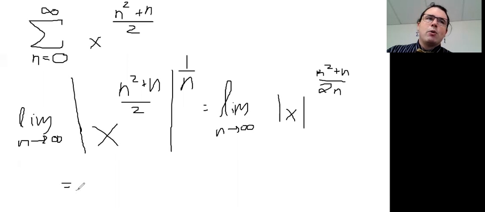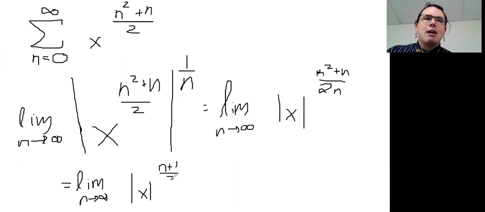Oh, well, that's actually going to cancel. If I have numerator n squared plus n and I divide by 2n, what I will have left over is numerator n plus 1, denominator 2.